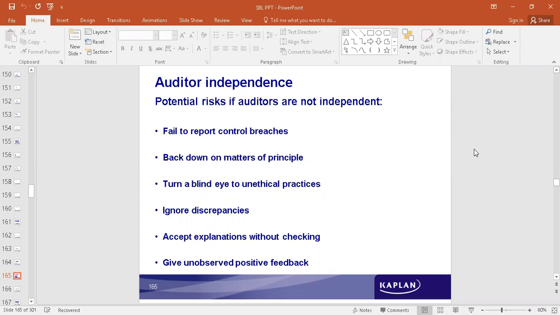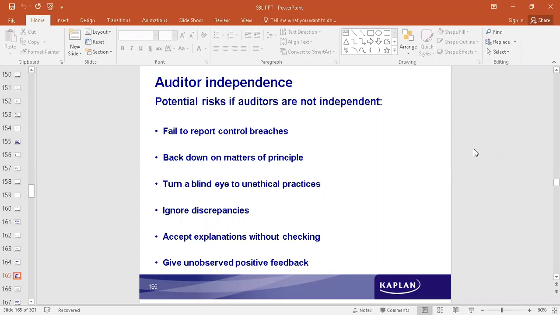Potential risk if auditors are not independent. See, the audit function is there to identify any fraudulent behavior. But if auditors do not have that independent view, they do not take up an independent review of what happens in the organization, then there is risk present. Auditors are supposed to review the financial statement independently. If they fail to do so, what risks are present?